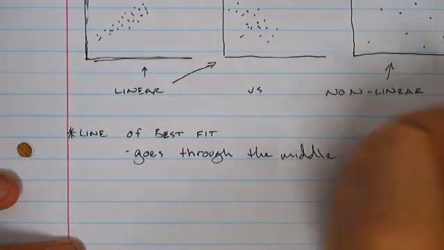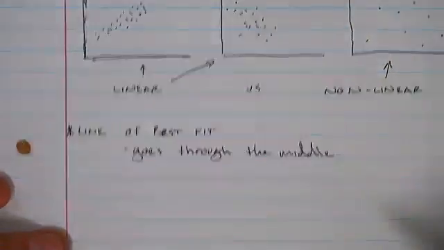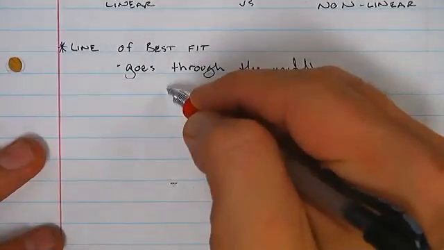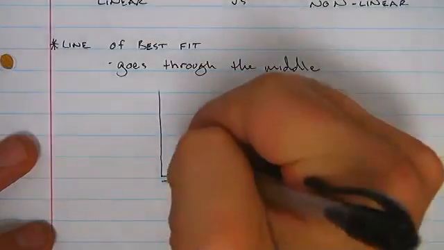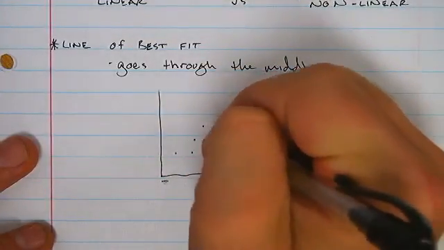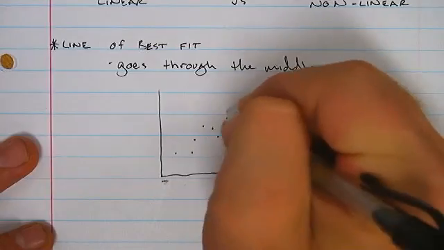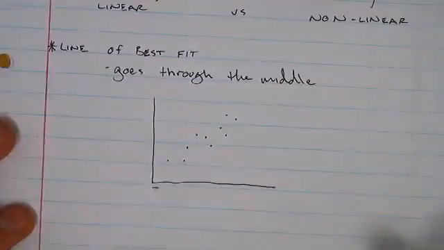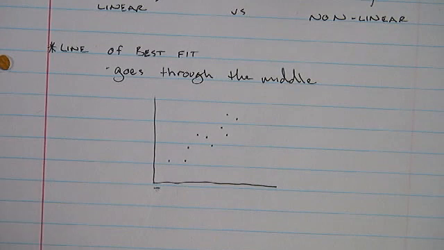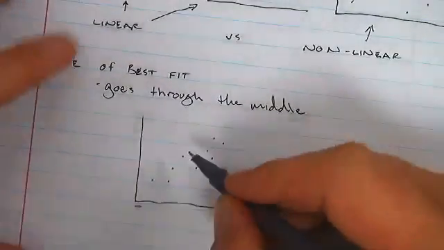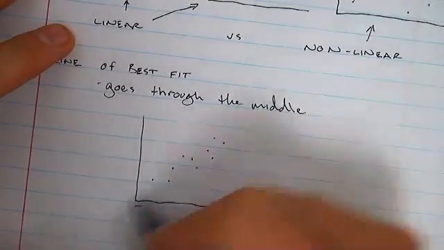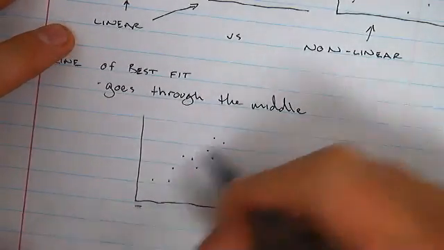For the most part, we've got some on top, some on bottom. So let's sketch one out here. Got our graph, got some dots in a row. They're not perfect, but there you go. We want to make sure that our line of best fit goes through the middle of the data. When you visualize it, it needs to resemble all of the data. So it needs to track right with that data.